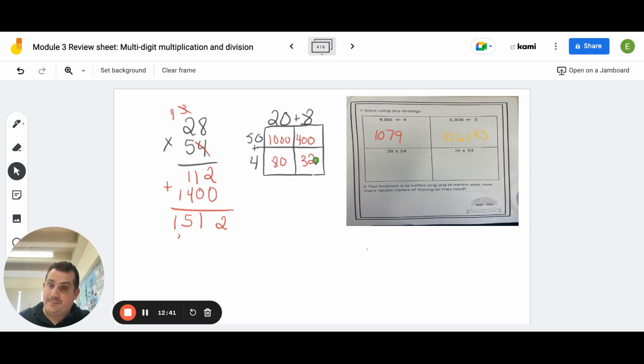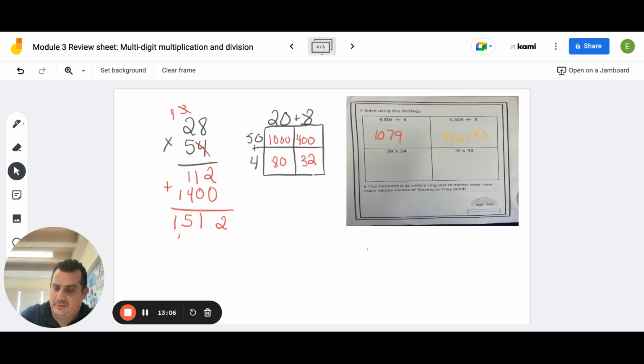If you're unsure of what product goes inside the box, start in the box and then shoot to the top and shoot to the outside. 20 times 50. If you're in this box and you're unsure, shoot to the top, 8, shoot to the side, 4. 4 times 8. Okay.